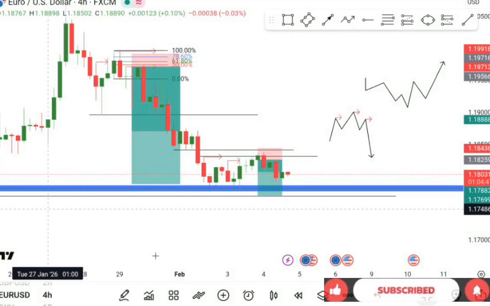If you entered from here or from here, it's still the same. This would have given you a very good risk to reward. If you are doing 1 to 2, 1 to 1.5, 1.5 is out, 1 to 2 did not really hit, but almost hit.